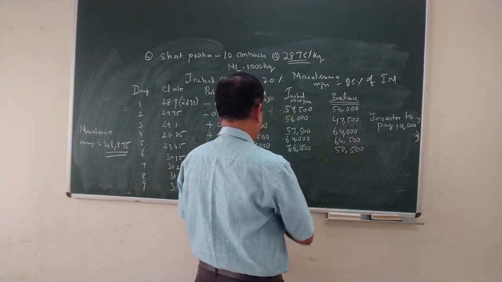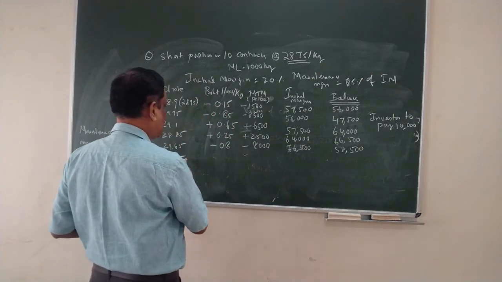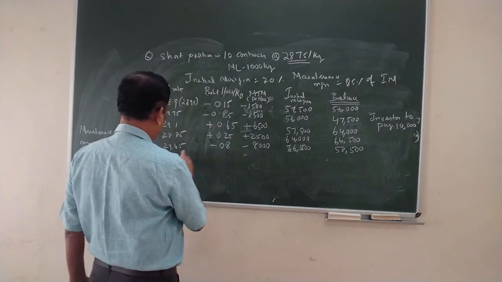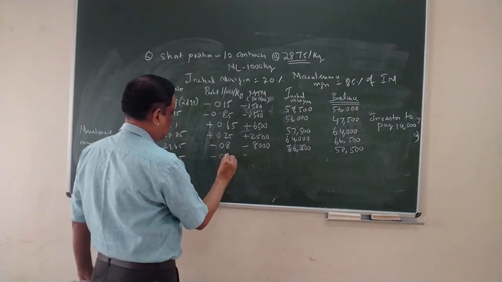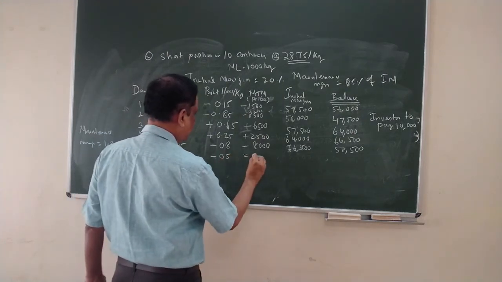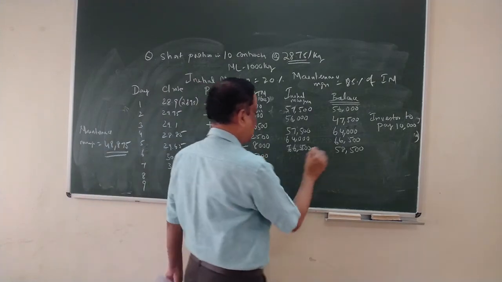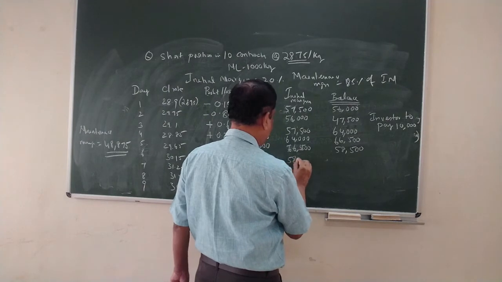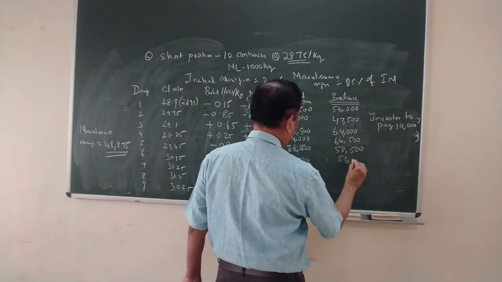Now the next day it becomes 30.15. It means minus 0.5, which is minus 5,000. The available margin is 58,500. This will become 53,500.